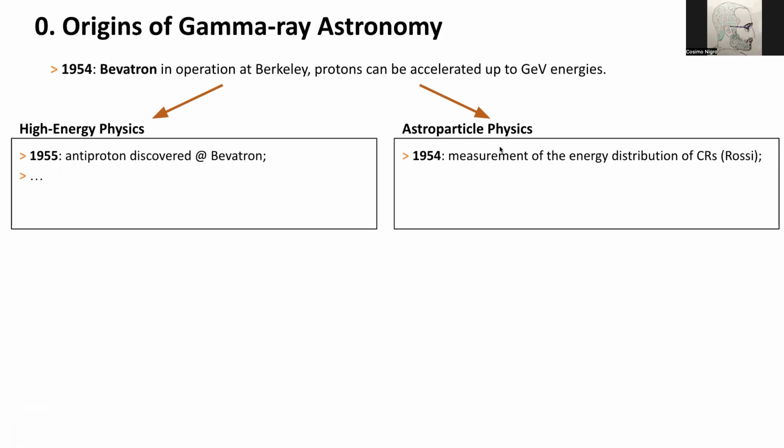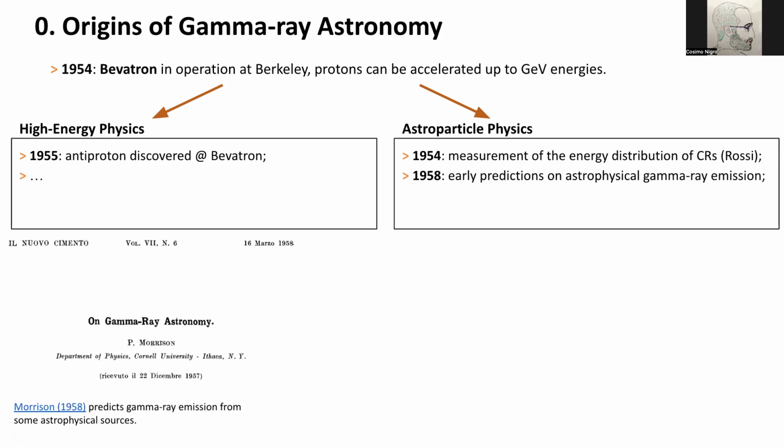On the other hand, we have people that keep investigating the astrophysical nature of particles. So they continue the work of Hess, Auger and others. In 54, we have the first measurement of the distribution of the cosmic ray energies. We will see that later in much more detail.